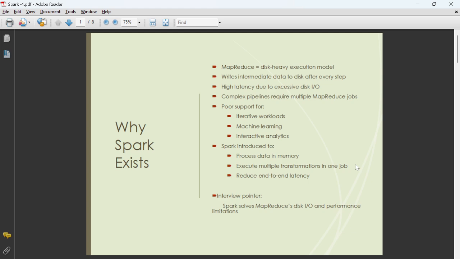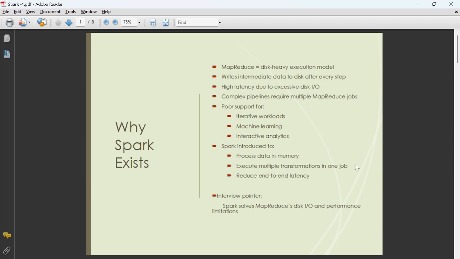Disk input output is slow, and this made jobs painfully slow. MapReduce also struggled with modern workloads like machine learning, where the same data needs to be processed repeatedly.